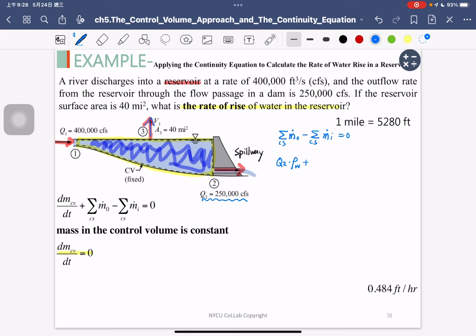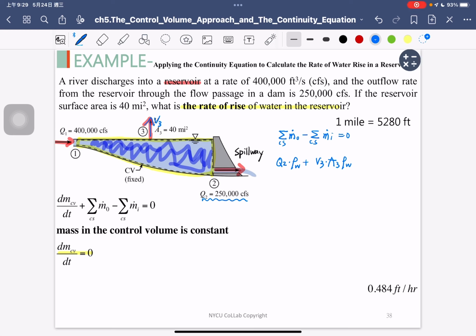We have the rising velocity, which is V3, and the velocity multiplied by the cross-section area equals the discharge. Then we multiply by the water density, and we have the outflow rate caused by the rising water.